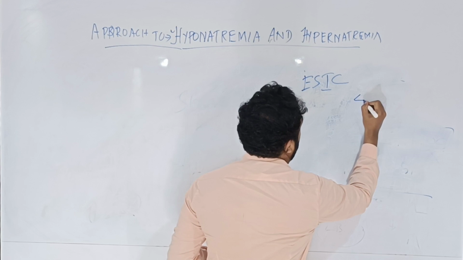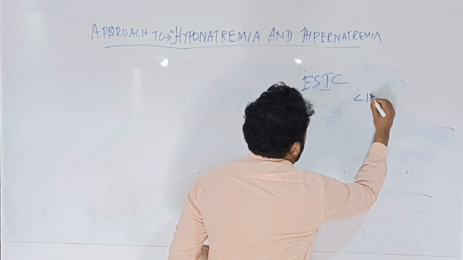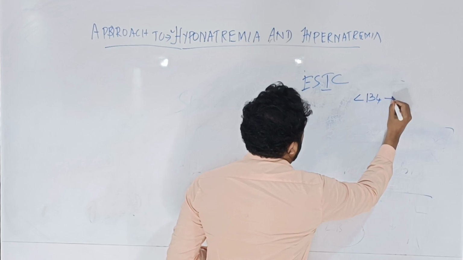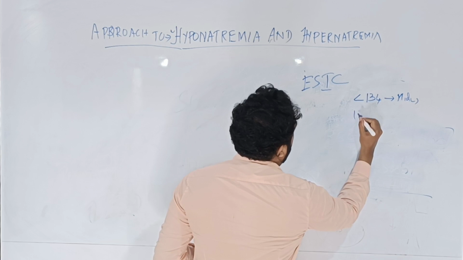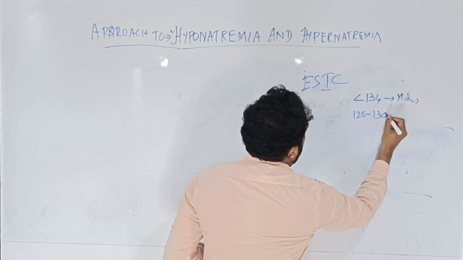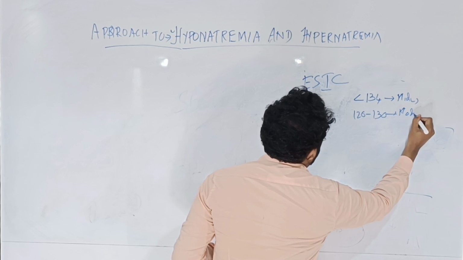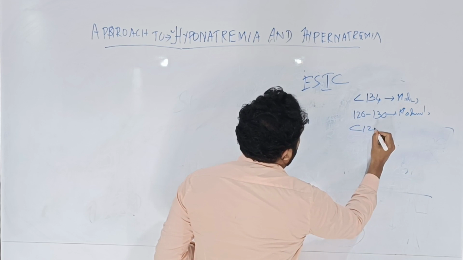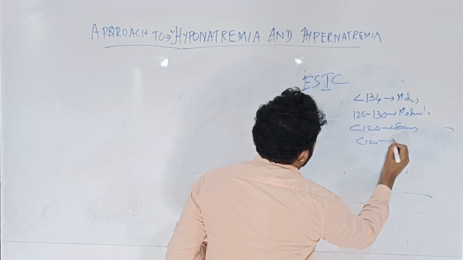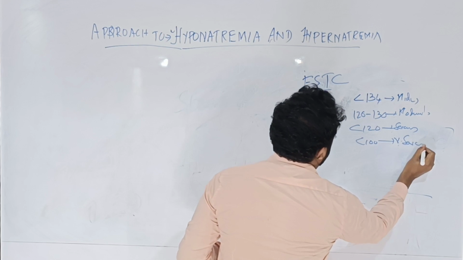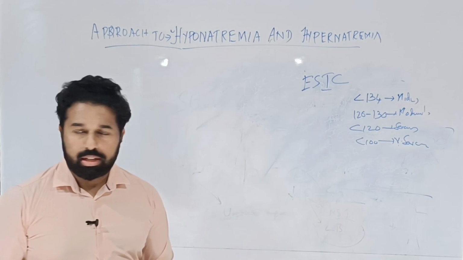If it is less than 134, it is mild. If it is 120 to 130, it is moderate. Less than 120 is severe, and less than 100 is very severe. This is the latest classification for the amount of sodium.